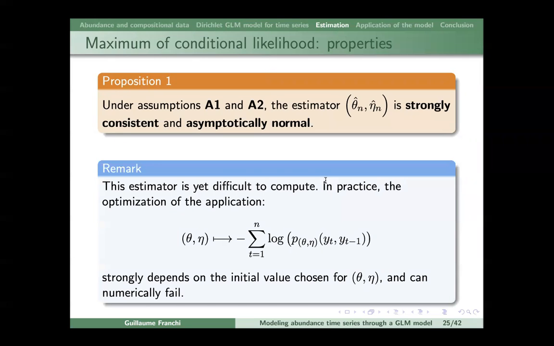The optimization of this function strongly depends on the initial values you would choose for theta and beta. And in many cases it could fail, meaning that either it gives us poor result, or a lot of times it doesn't give us any result at all, because the optimization cannot work. So it is very difficult to compute in practice.